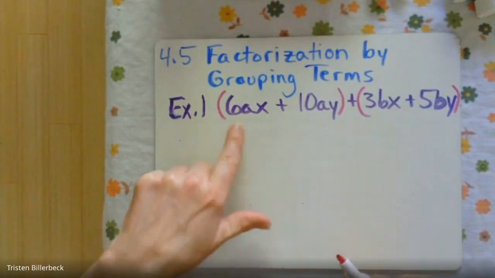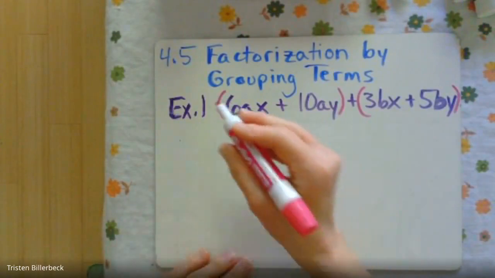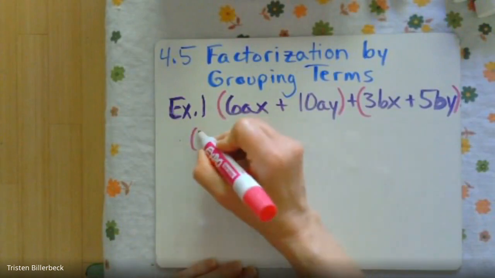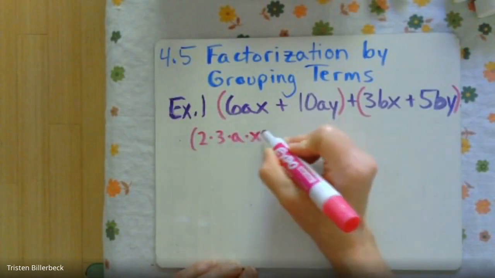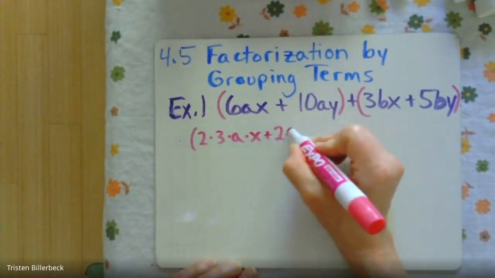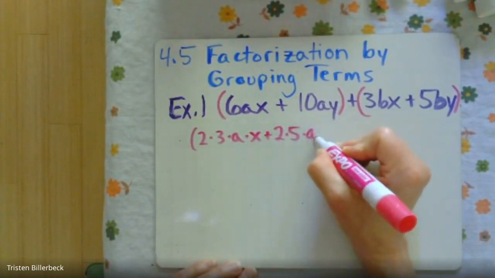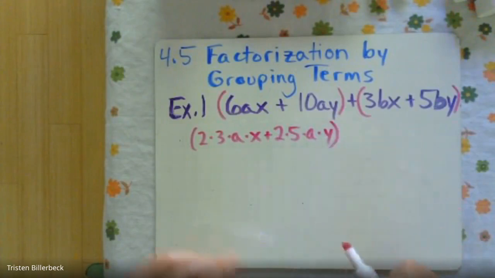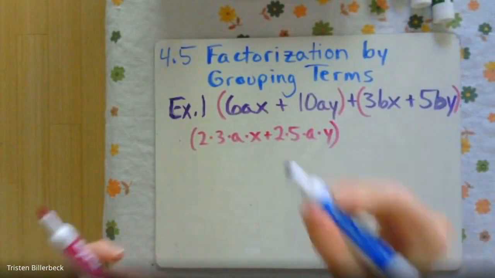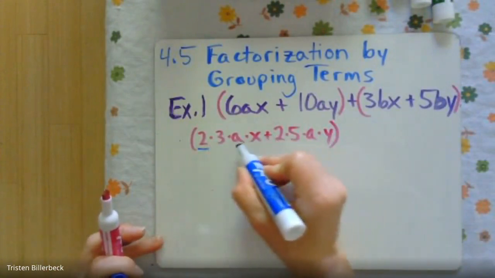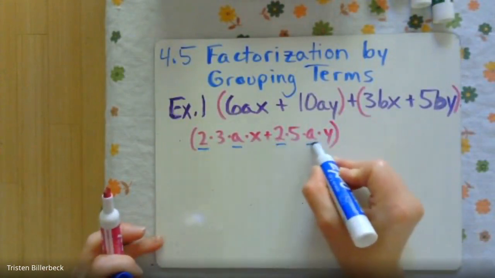So when we do that, let's prime factorize. So we have 2 times 3 times a times x plus 2 times 5 times a times y. We see we have 2's and a's that we can take out.